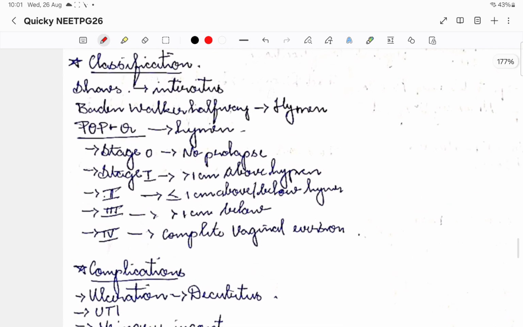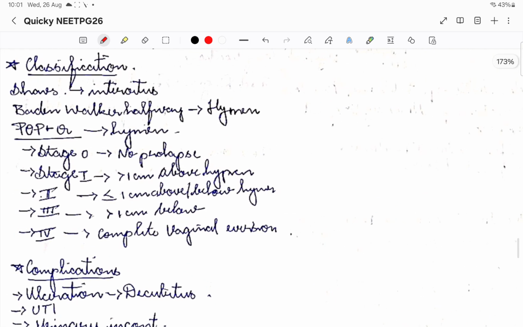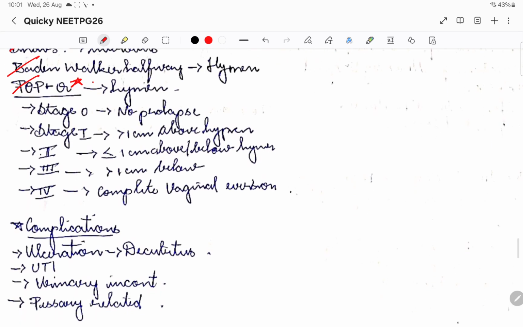Then coming to classification, there are different types of classification: Shaw's classification, Baden-Walker classification, and POPQ classification. The most important one is POPQ classification. In POPQ classification, we are doing the classification based on the hymen, that is, where the organ lies with respect to the hymen. Stage 0 means there is no prolapse.